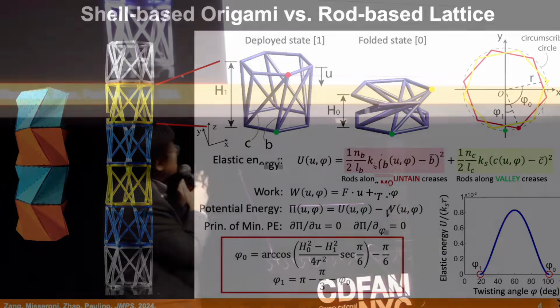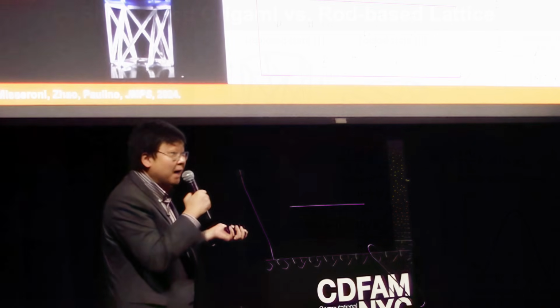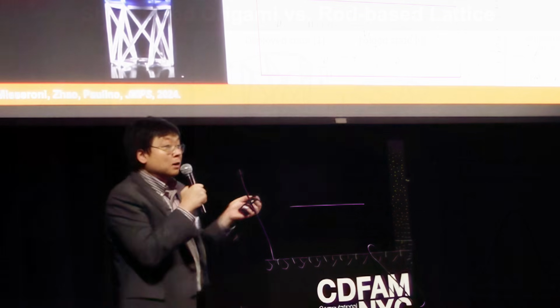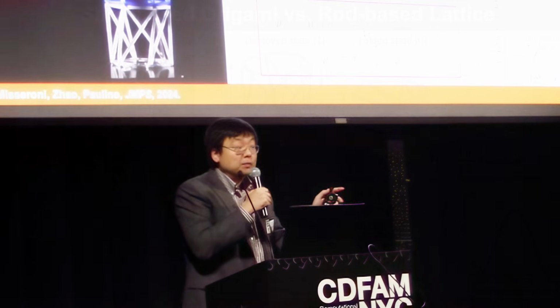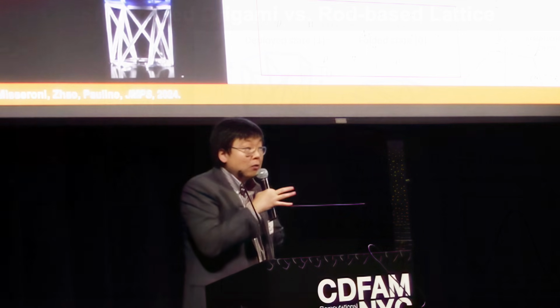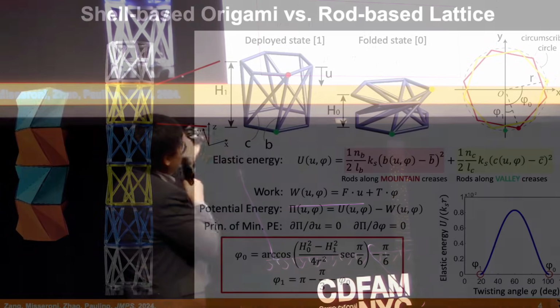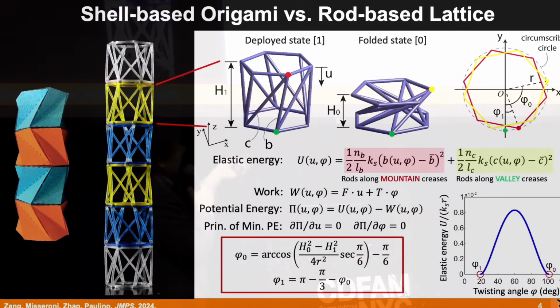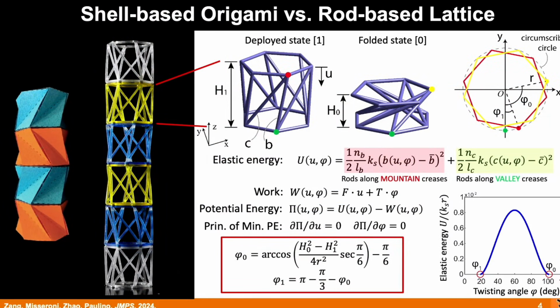The insight we get is that the geometry of this truss is bistable. It means that it has two configurations, and in these two configurations you don't need to apply any load. It just stands there, stable. From the equation, we can draw the twisting angle and the elastic energy envelope, shown on the bottom left.